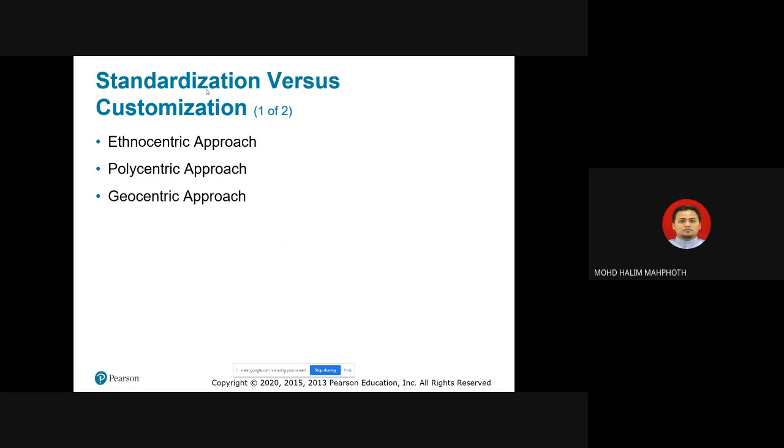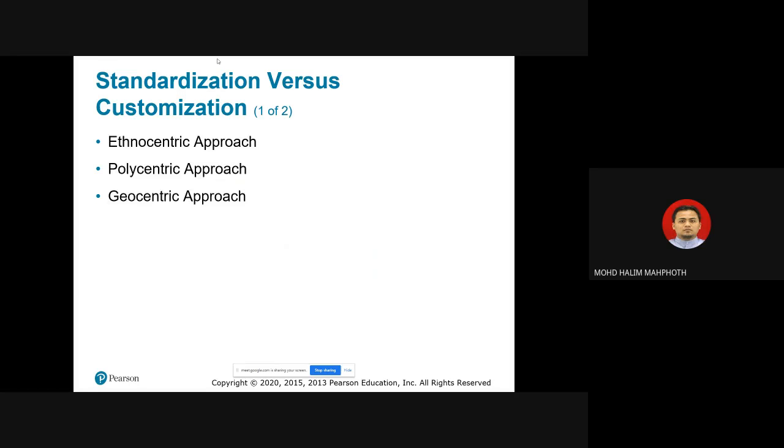These three approaches are options for the company to choose what type of approach to use in order to promote their products, or in terms of marketing strategies, in order to make sure their product is visible in the international market.